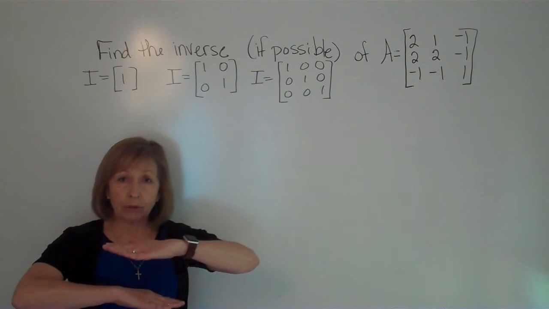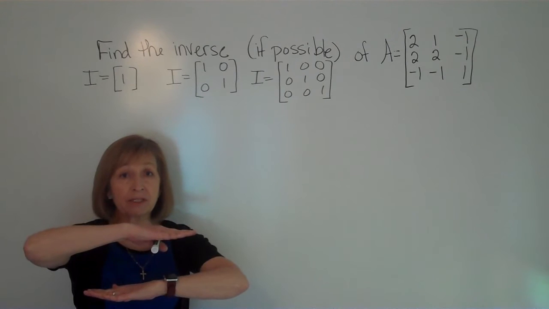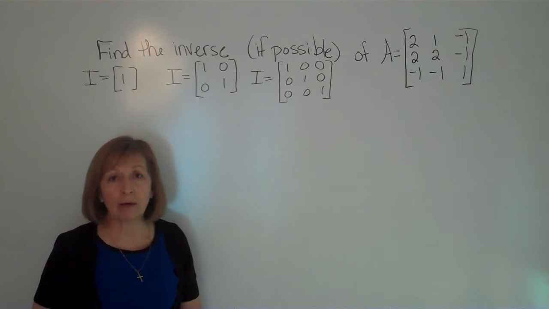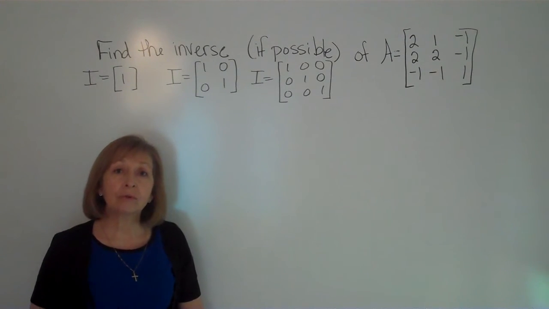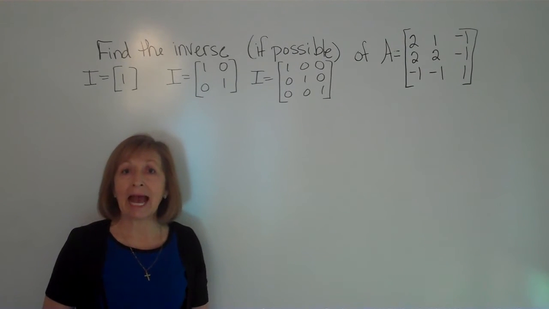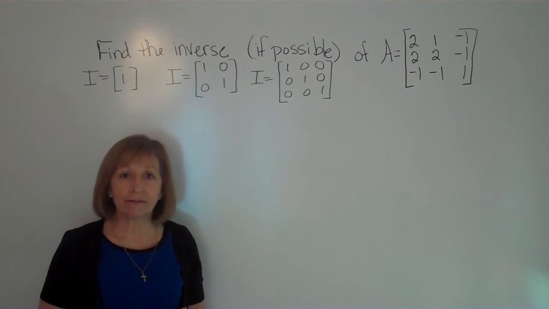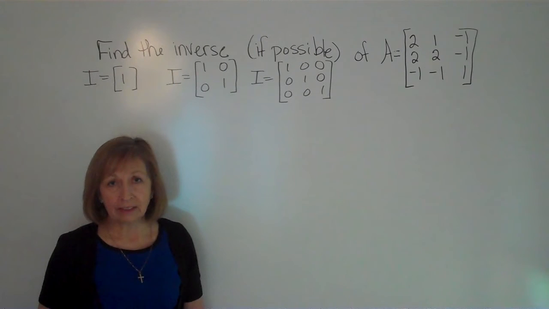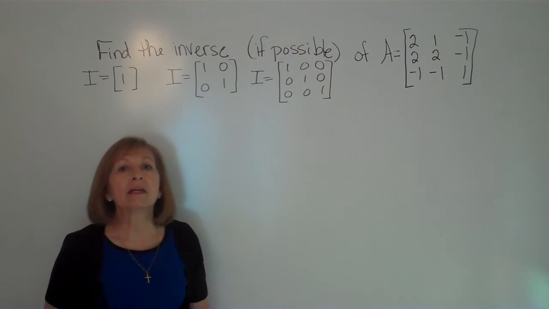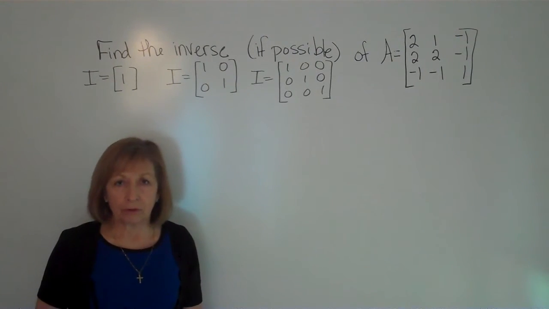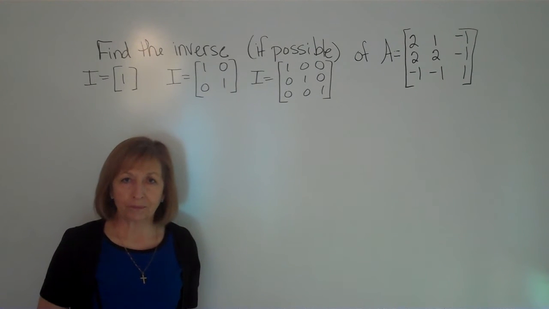So if you have full rows and you want to switch their spots with each other, that's a valid row operation. And then a third row operation is you can add a multiple of any row to another row. And kind of preface that with, you can add a non-zero multiple of any row to another row.